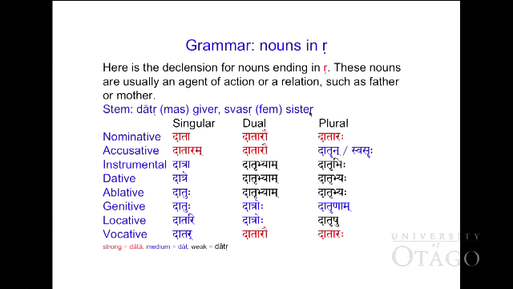So let's see from this chart. Now in Ri, here is the declension of nouns ending in Ri. These nouns are usually an agent of action or a relation, such as father, mother. We can see from this stem, datri meaning giver, comes from the root da, give. Svasri, feminine, sister.